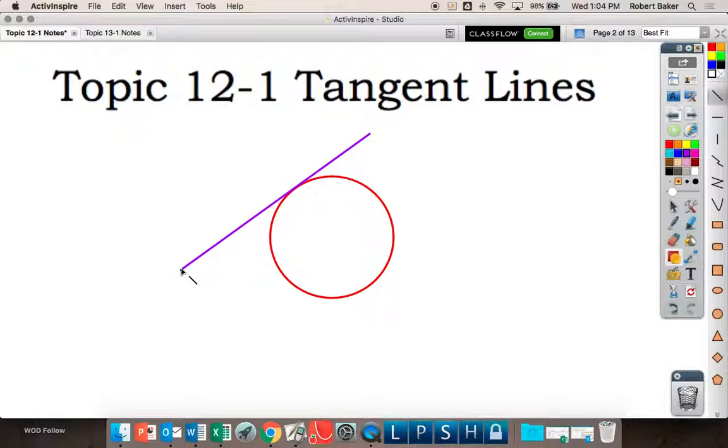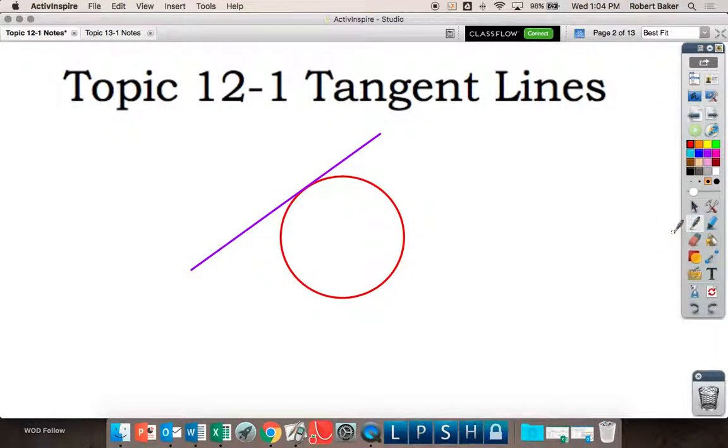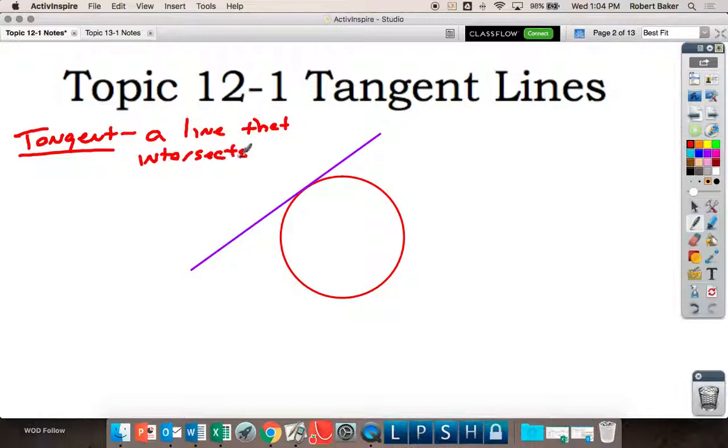So to know that a tangent is a line that intersects a circle at one point.